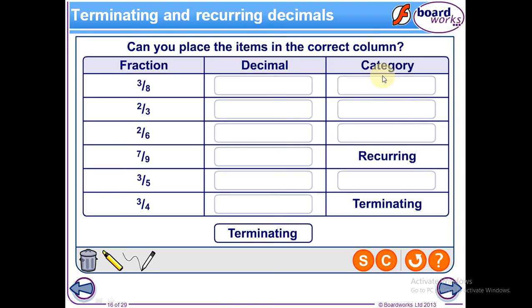Now to place the categories here. What are the categories we have? We have terminating, and the second category is recurring. We need to specify whether a given fraction is a terminating decimal or a recurring decimal. This time around, I need to go with my calculator. But I have a particular idea.